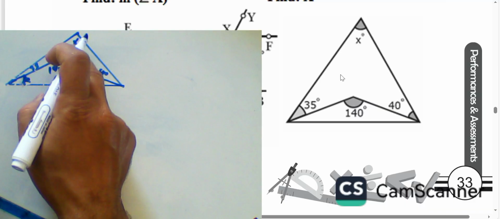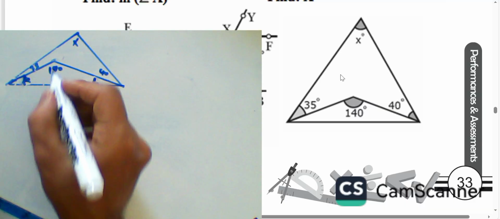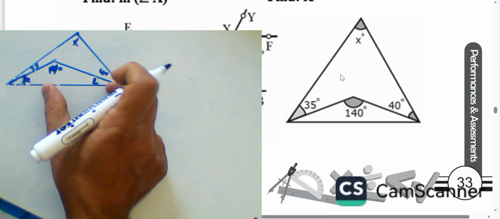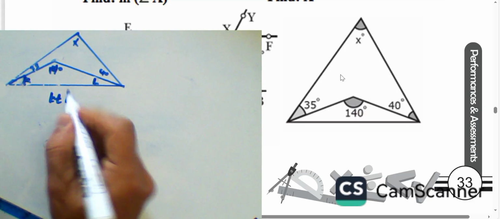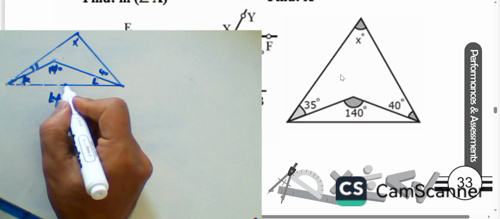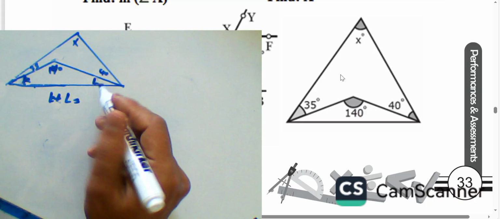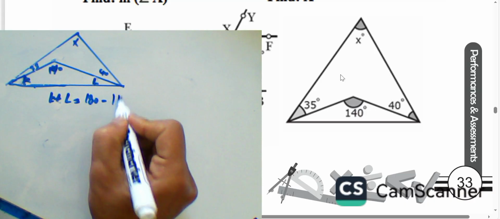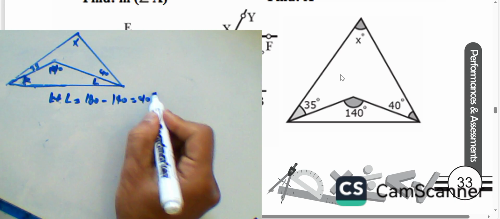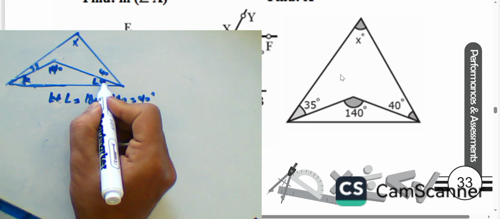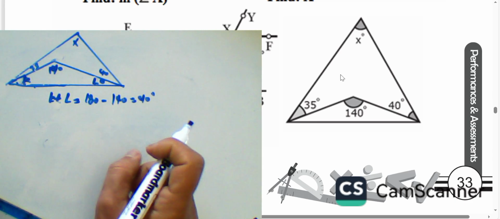We can find the measure of angle X. How? We have 140, then K plus L, in this triangle, we subtract from 140. 180 subtract 140 equals 40 degrees. Then the sum of the two angles L and K equals 40 degrees.